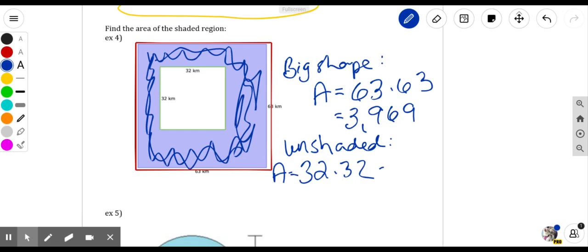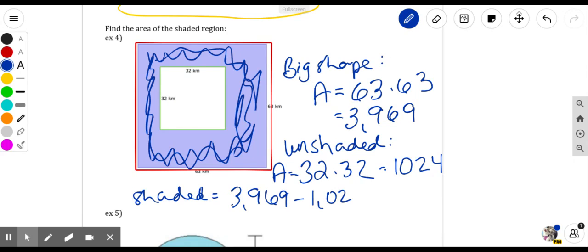Which is 1,024. And then lastly, for the shaded region, you subtract them. So we're going to do 3,969 minus 1,024. And we get 2,945.